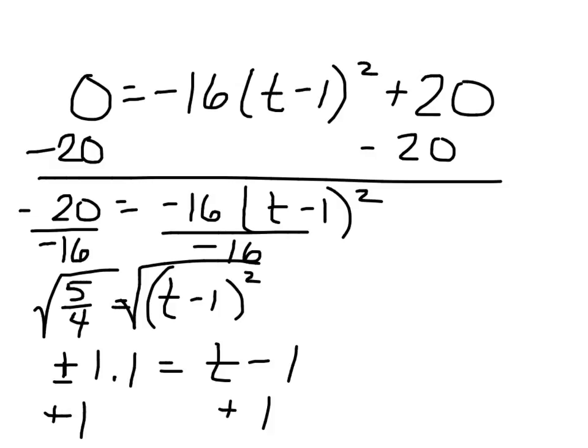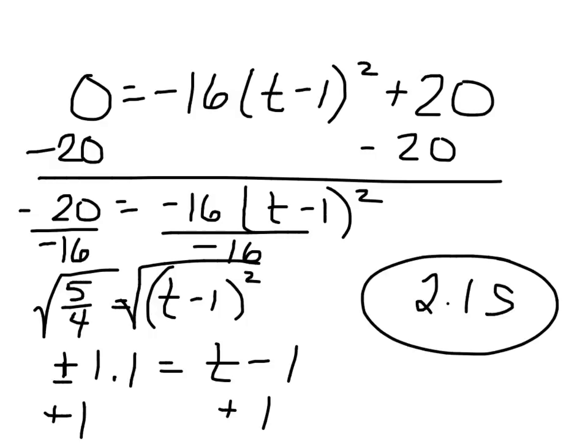Now, if I take 1.1 plus 1, I get 2.1. Or if I take negative 1.1 plus 1, I get negative 0.1. Are you going back in time? No. So how long was it in the air? 2.1 seconds. It reached a height of 20 feet, but it was in the air for a grand total of 2.1 seconds.